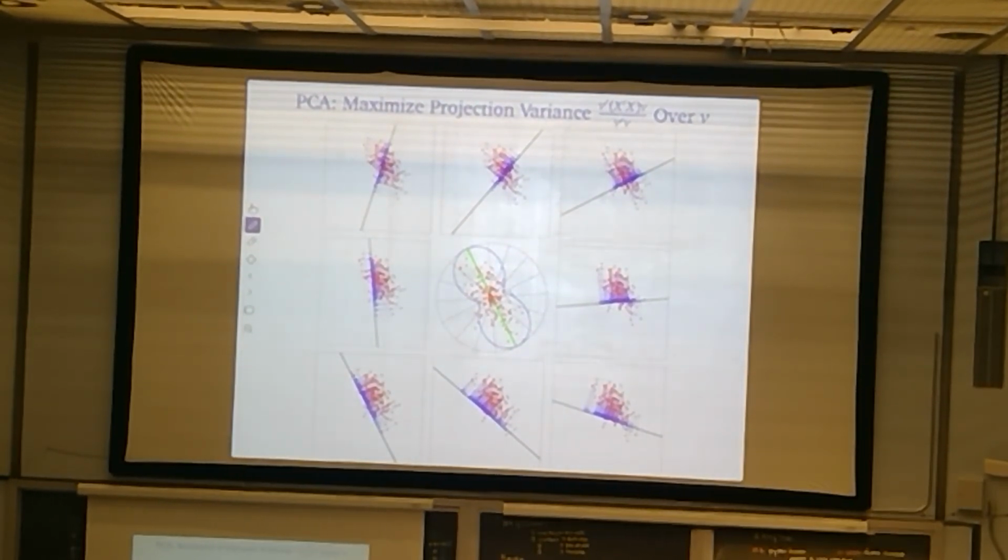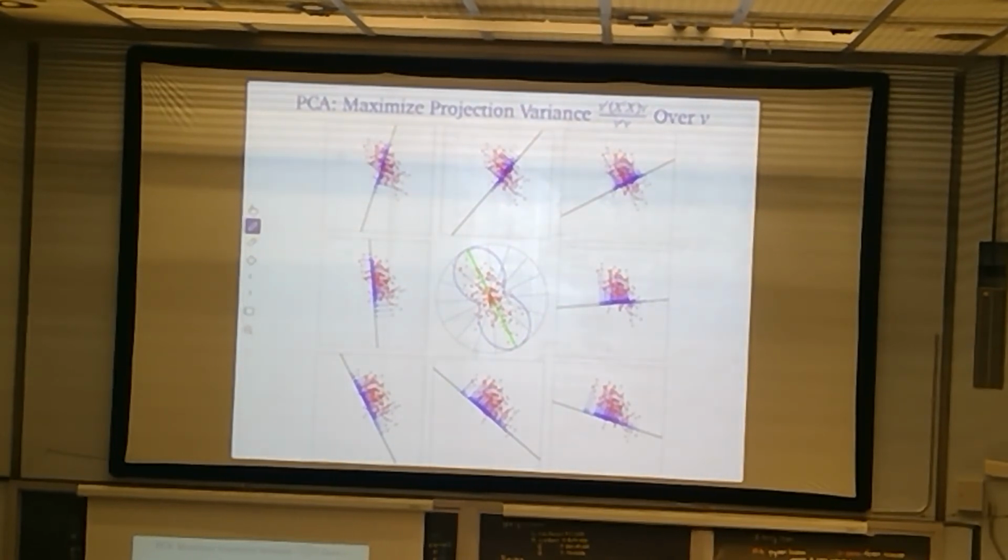The center of this point cloud is at the origin. Focus on the middle plot. I have this pie chart looking graph, and there are multiple radial lines indicating a potential projection axis, okay?